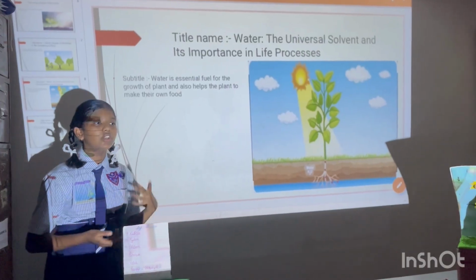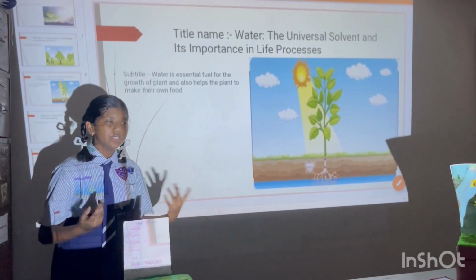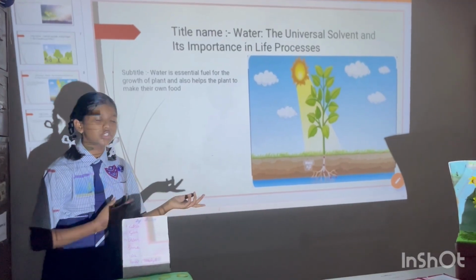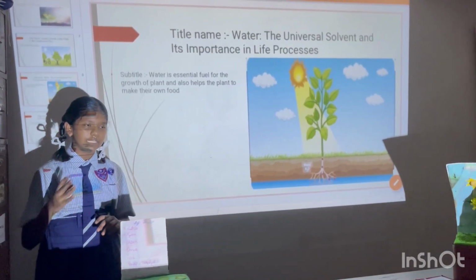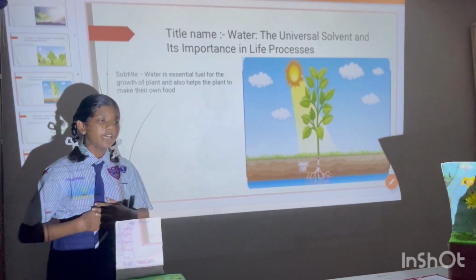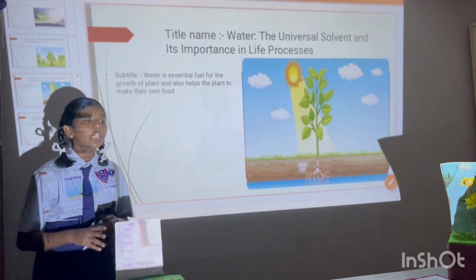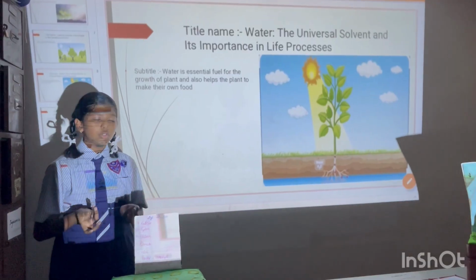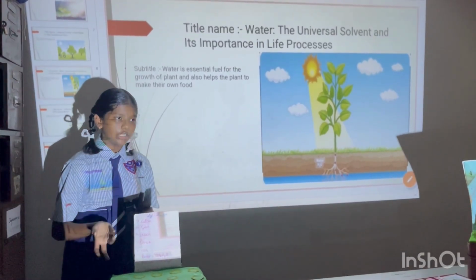Water molecules split into hydrogen and oxygen using sunlight energy. Hydrogen is used to make sugar and oxygen is released into the air. For example, we need water to cook rice or pasta. Similarly, plants also use water to cook their own food.